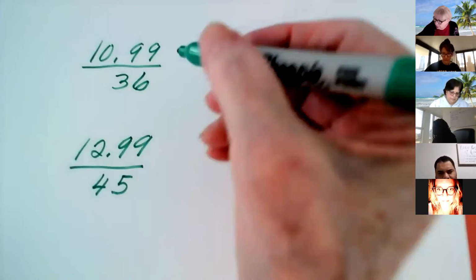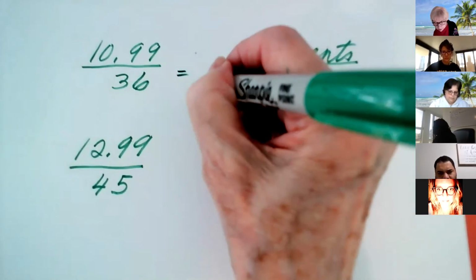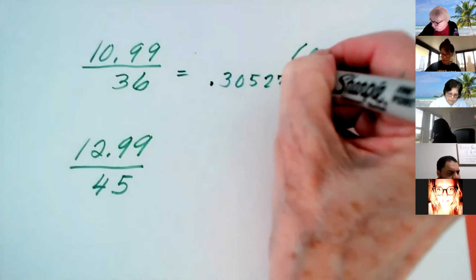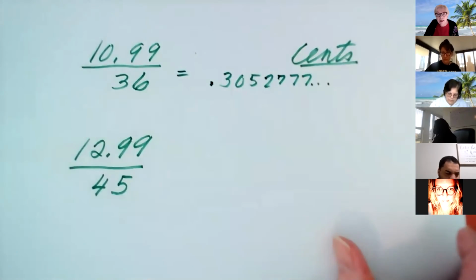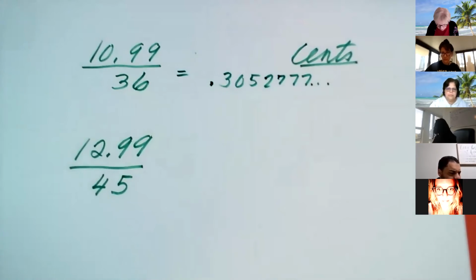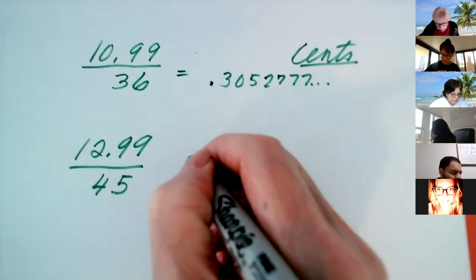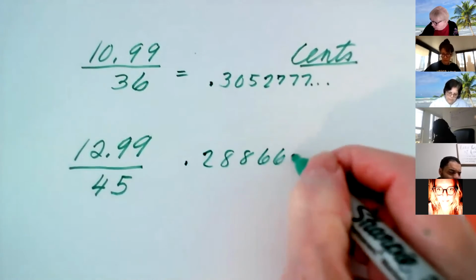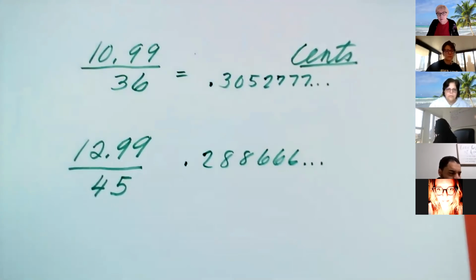And I'm getting 0.3052 and a bunch of sevens. Okay. I'm going to do the same, 12.99 divided by 45. 0.288 and a whole bunch of sixes.